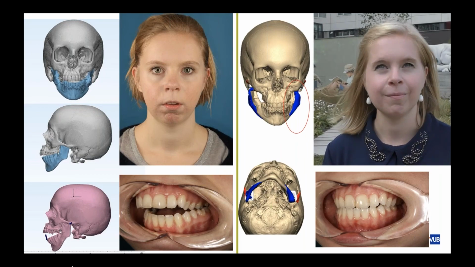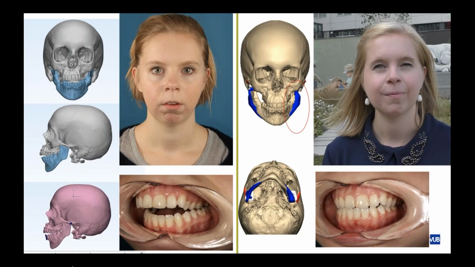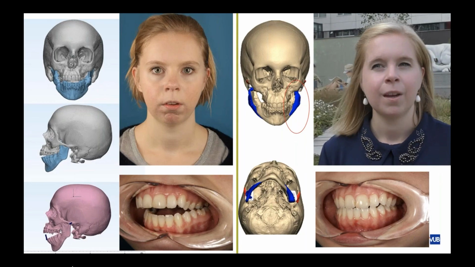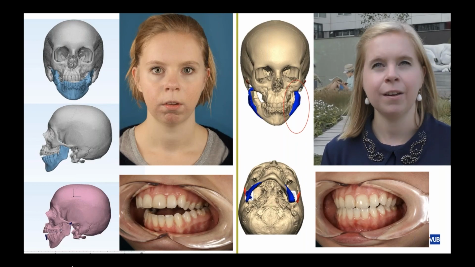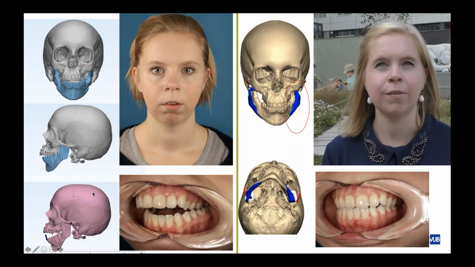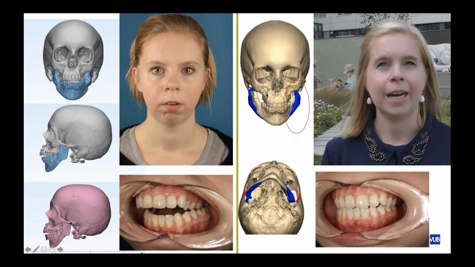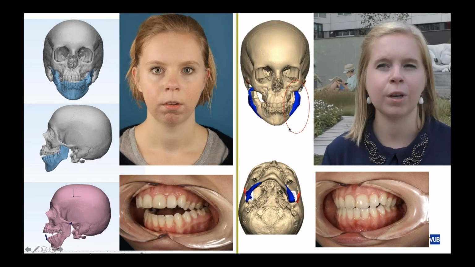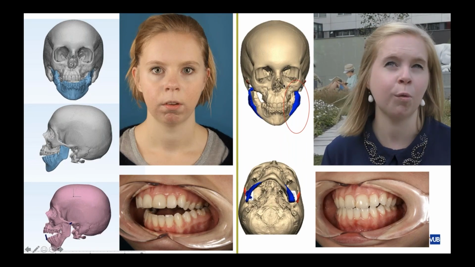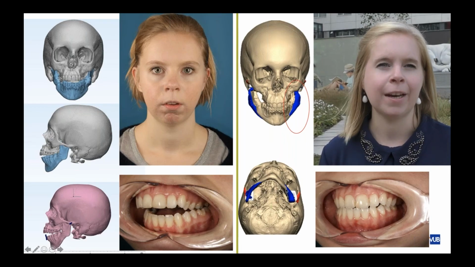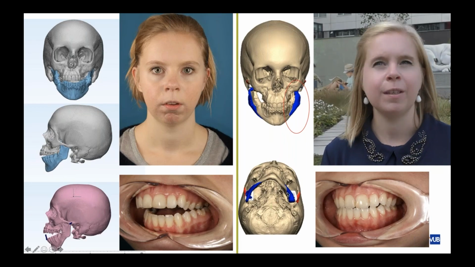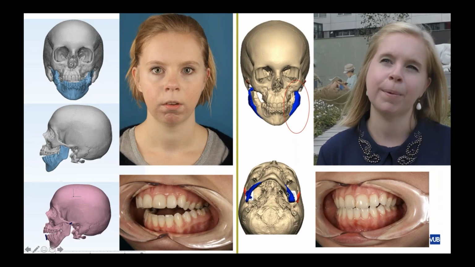At the right-hand side, the renders of the planning. Customization allows to deal with the aesthetic aspect of the face as well, like the asymmetry in the lower jaw, which could be partially corrected by extra augmentation at the left-sided mandibular angle.